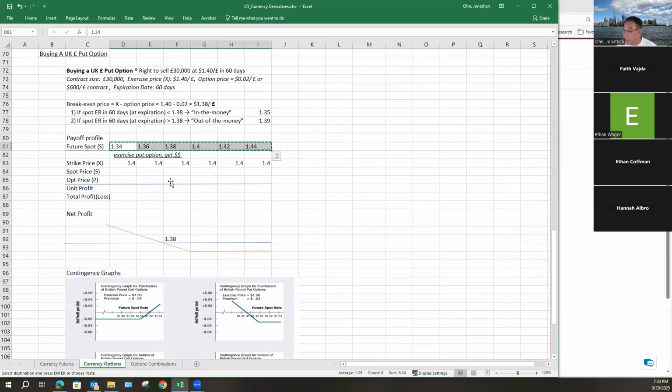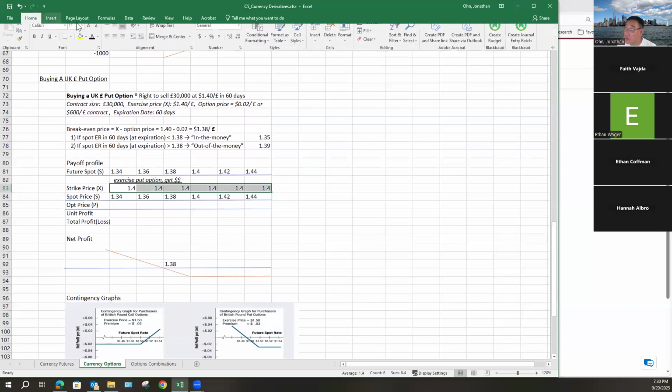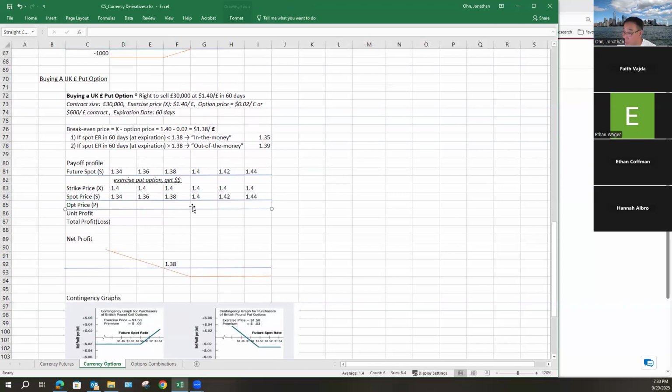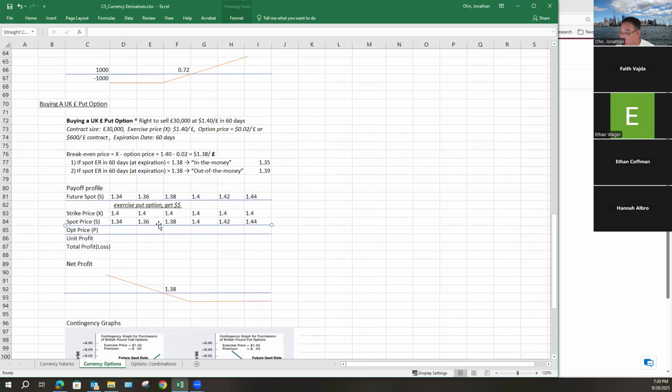Let's match that in here. And then the option price you paid: 0.02, 2 cents, no matter what.